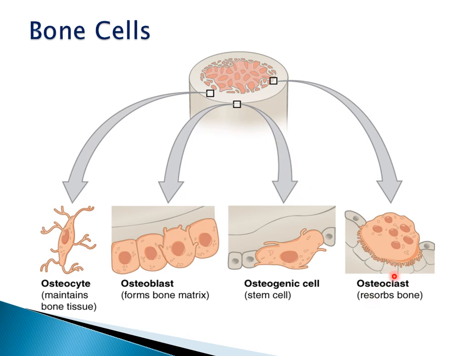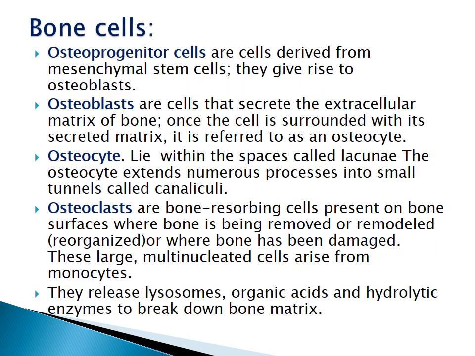These osteoclast cells are derived from the blood monocytes, and they are similar to the macrophages of the blood system, and they are responsible for the resorption of the bone. So these are the functions of the various types of the cells which we have discussed. The osteoclast cells release the lysosomal enzymes and hydrolytic enzymes to break down the bone matrix.